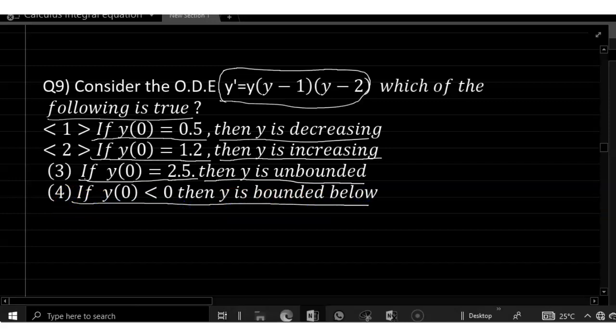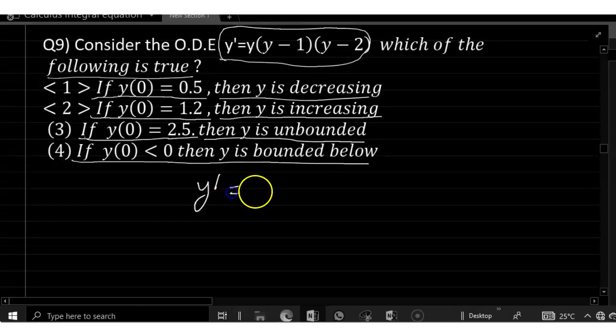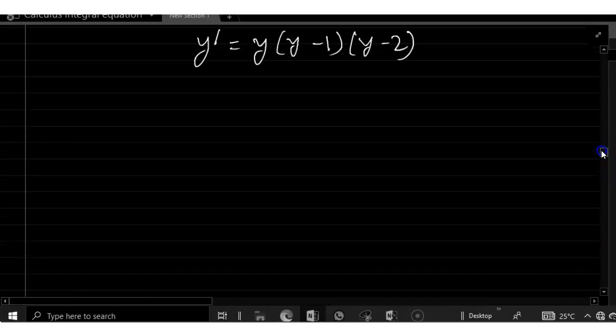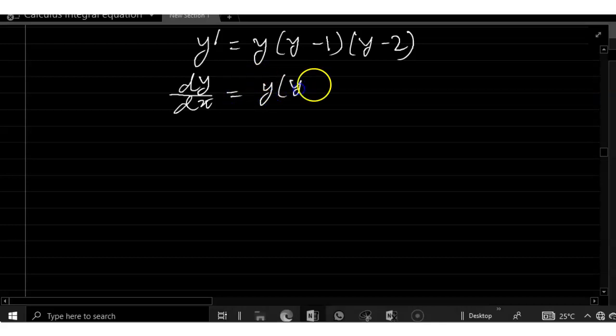Let's try. y' = y(y−1)(y−2), so dy/dx = y(y−1)(y−2).